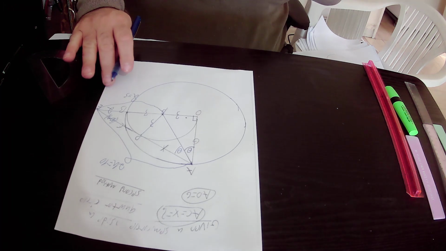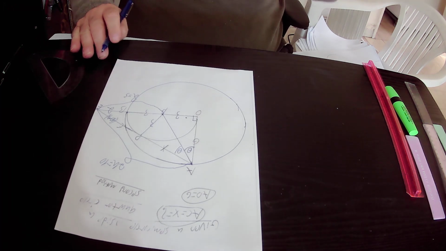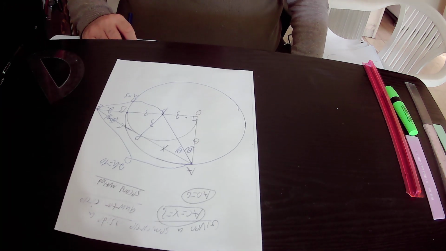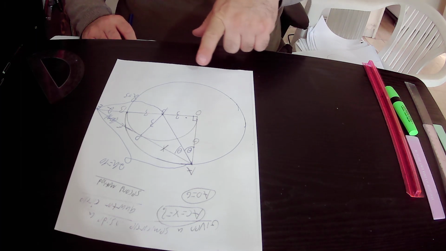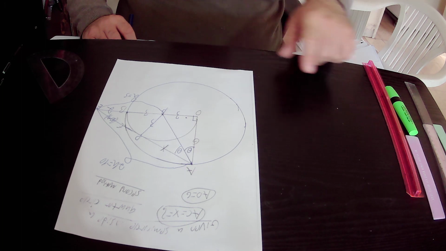So we completed the quarter circle to a circle, and then we will extend line segment VO by a straight line until it touches the circle.